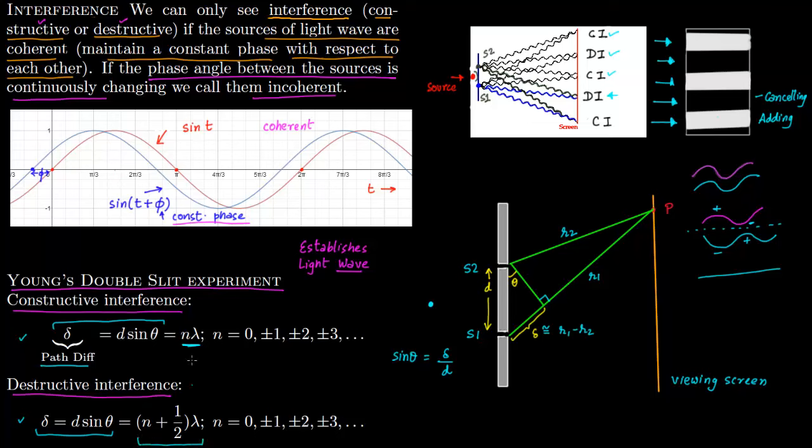Whereas in the destructive case, these two light waves are opposite to each other. So if this is one light wave, the other one will be exactly opposite to cancel it out. So that is why you have n plus half lambda, and n could be an integer. n could be 0, plus or minus 1, plus or minus 2, or plus or minus 3 in both the cases. That is, n could be any integer.